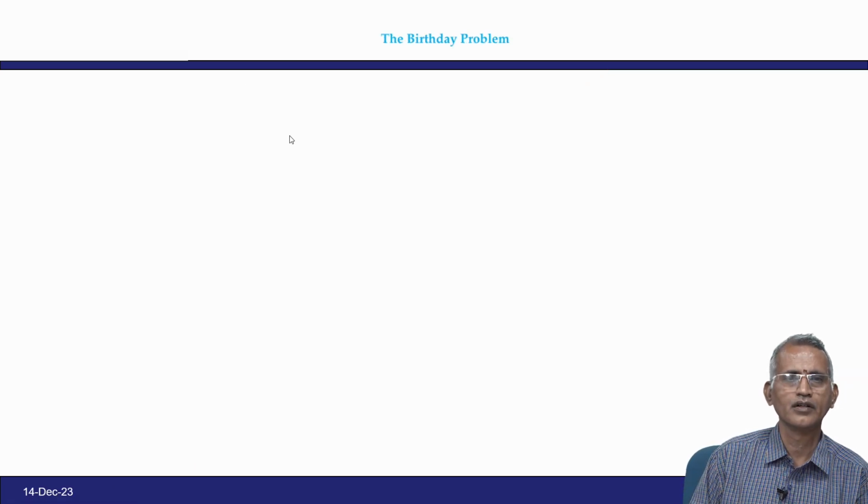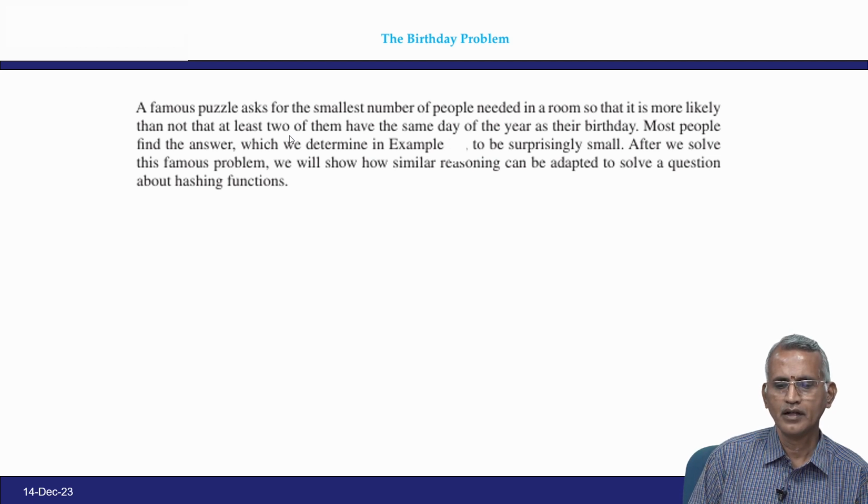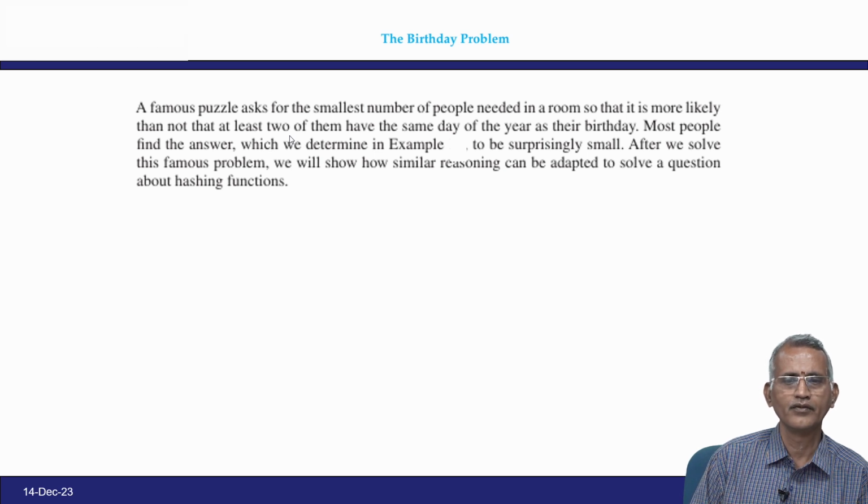Next, we are going to discuss an interesting problem, the birthday problem. A famous puzzle asks for the smallest number of people needed in a room so that it is more likely than not that at least 2 of them have the same day of the year as their birthday.